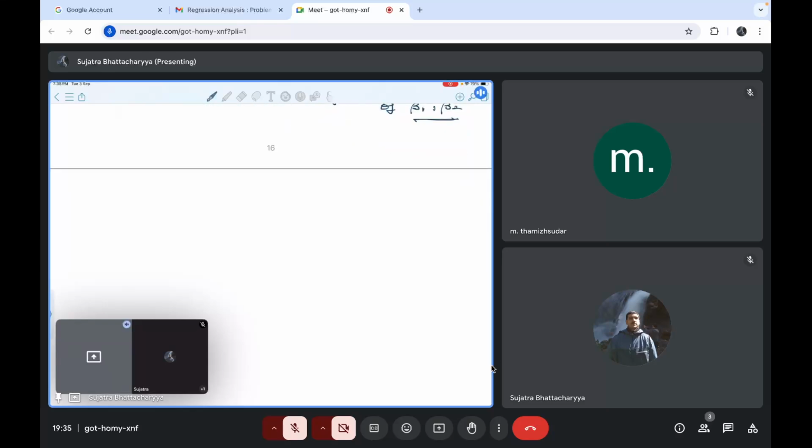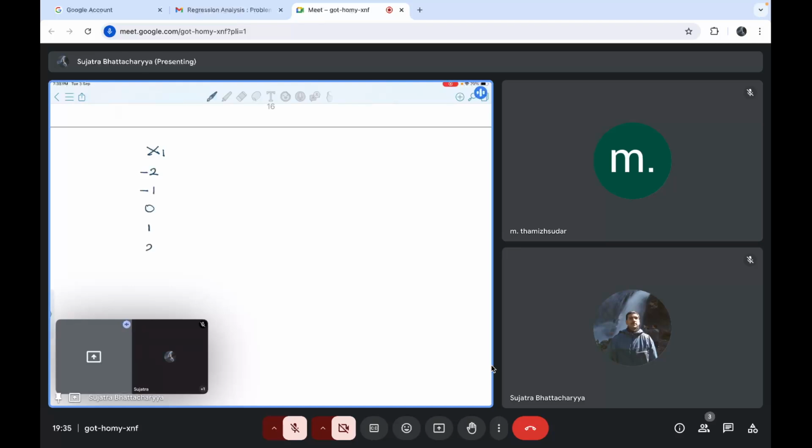Let's do the centering and scaling. Okay. Let me write certain things. Let's say this is x1, which is -2, -1, 0, 1, and 2. Okay. So let's see what is your x1 bar. So x1 bar, as you can see, is 0. So it is already centered about 0. So you don't need to worry.